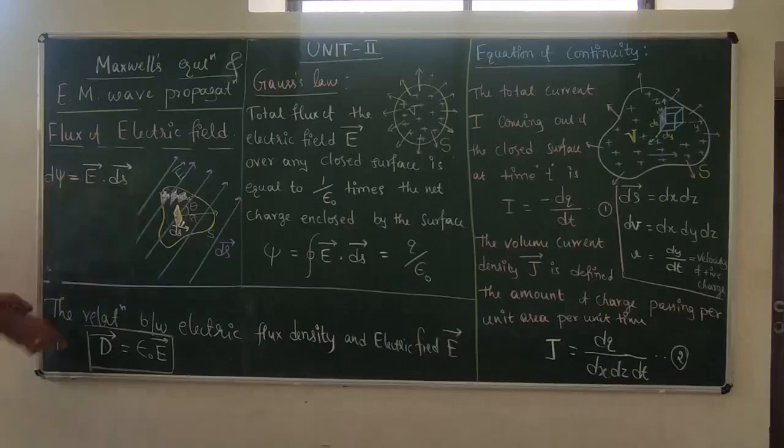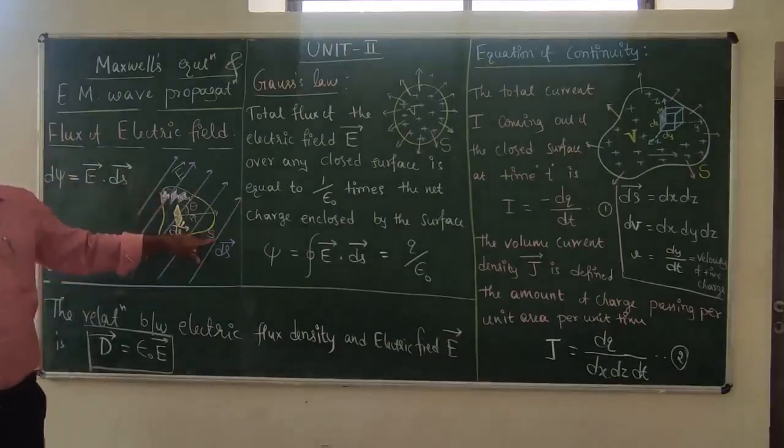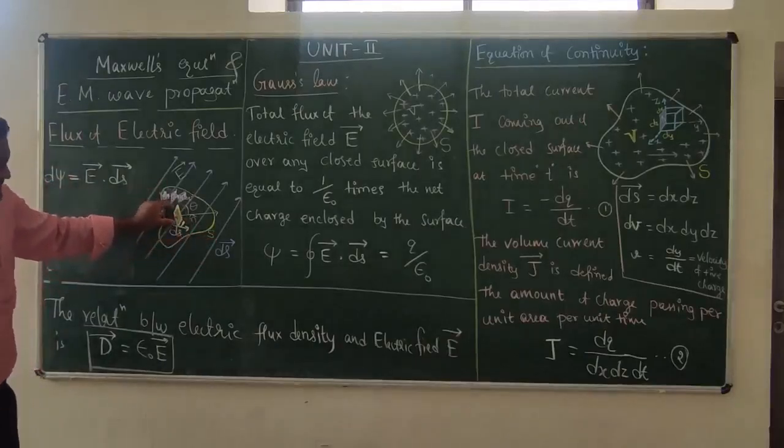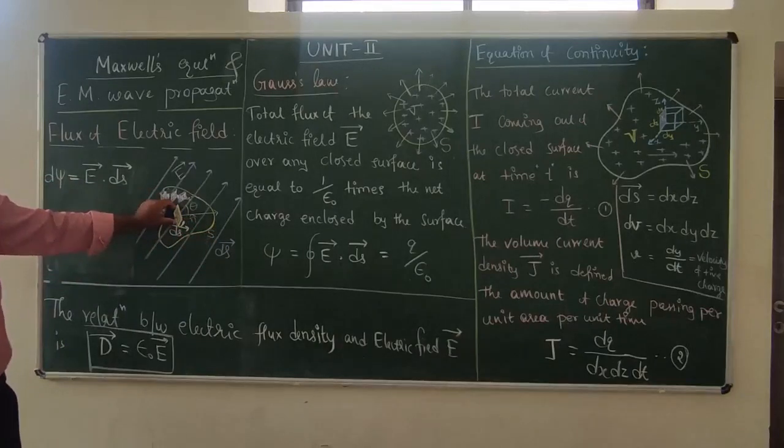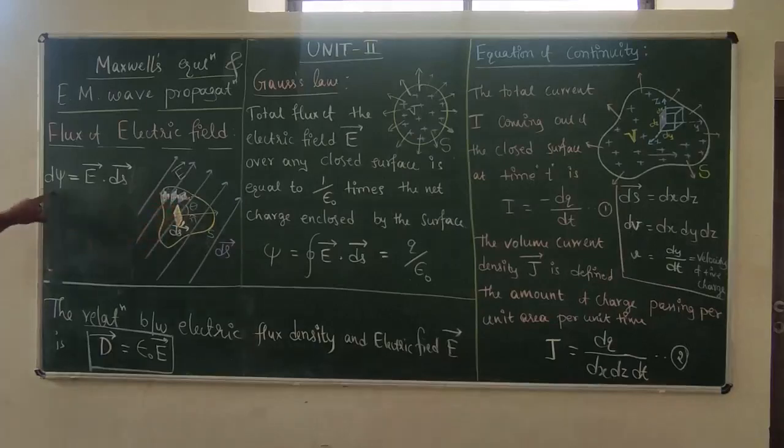Psi is the electric flux through the entire area S. Now we are considering a small surface of area ds, so the flux through this surface is d psi, which is given by E dot ds.